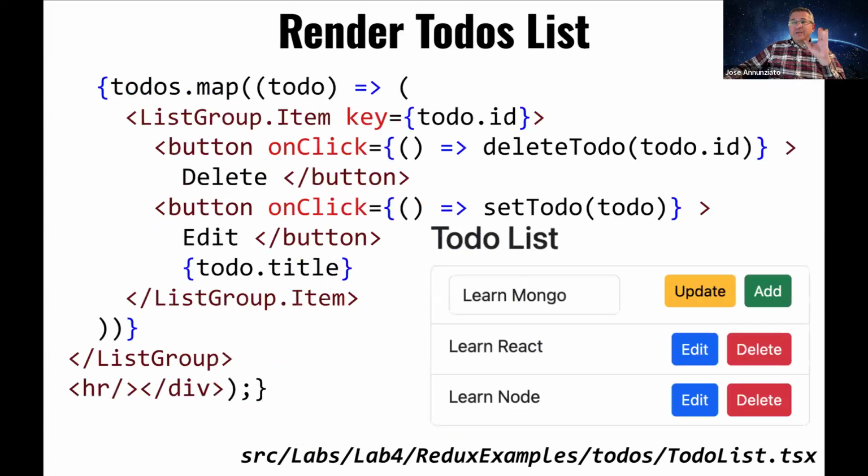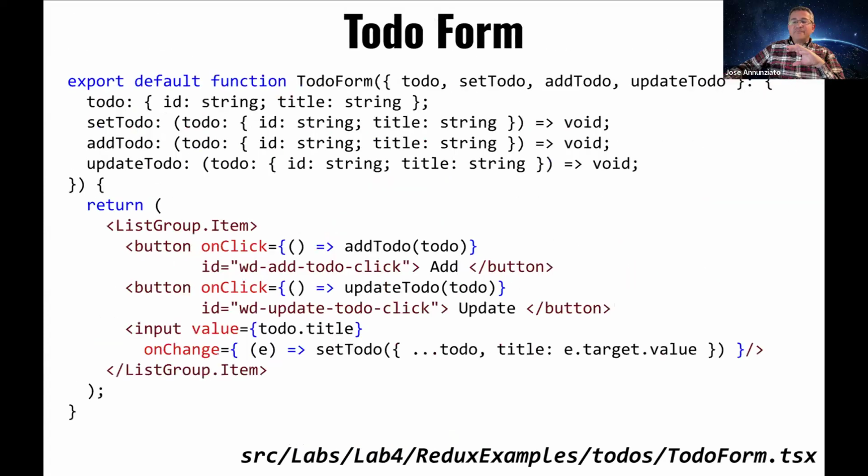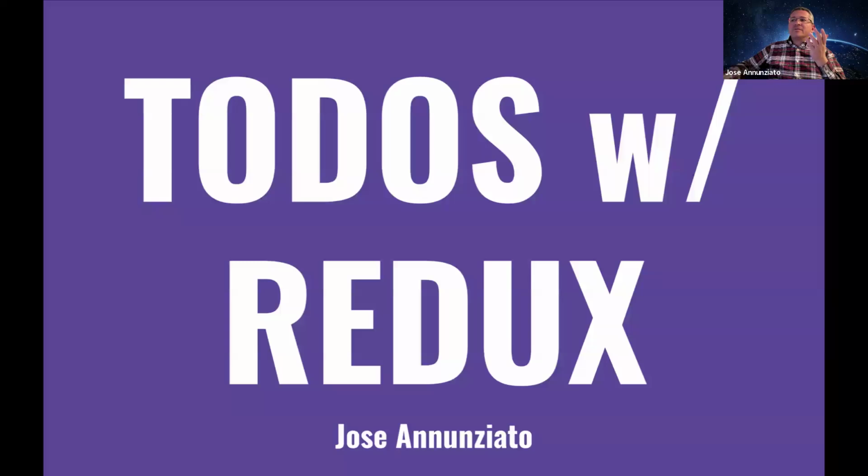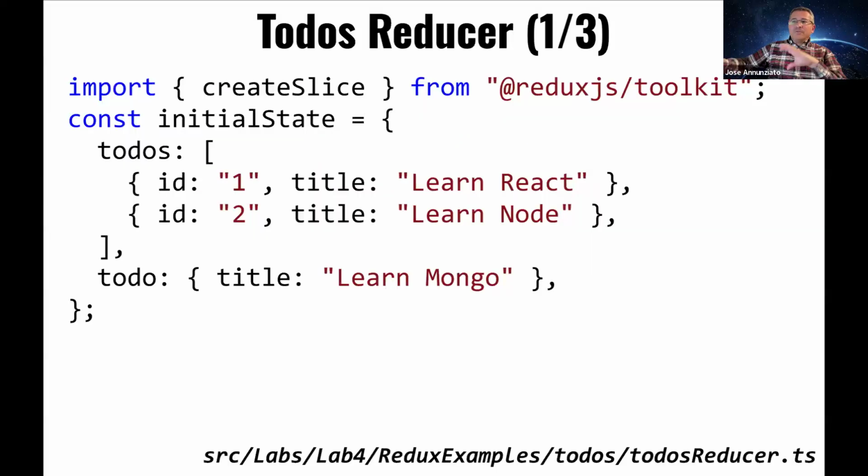So a better implementation would be to separate the concerns of maintaining the state and the concern of rendering the state. And that's where Redux comes in. We can move the state outside of the component, and for instance, have the data structure of the to-dos in a state variable, and also the to-do here.